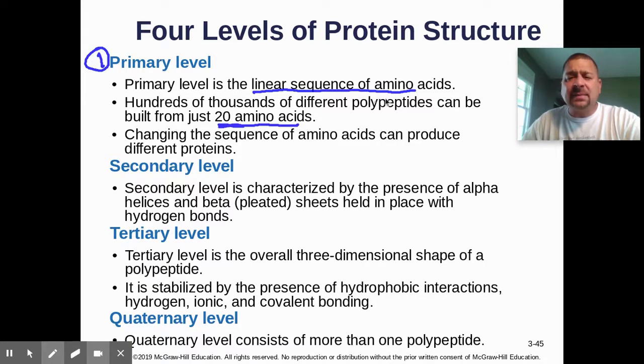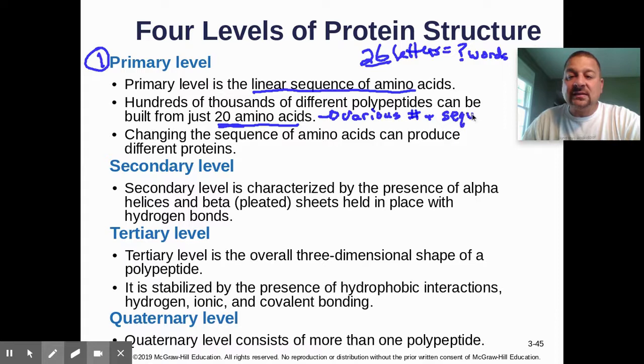Hundreds of thousands of different polypeptides can be made from 20 amino acids. How is that possible? Well, how many letters are in the English alphabet? You have 26 letters. How many words can that equal in the English language? A lot, right? Because you can use them in various numbers and sequences. It's the same way with amino acids.